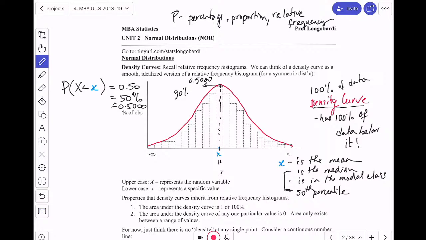So percentage, proportion, relative frequency, or because of the notion of the density curve and the relative frequency histogram representing the population, I can talk about the chance or the probability. So all those words mean P, or P means all those things. Everybody good?